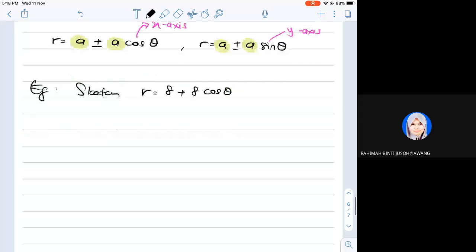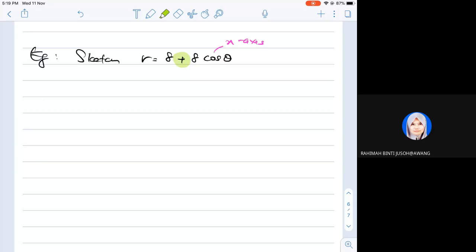Okay, but now we have 8 plus 8 cos theta. Cos is x-axis. And the value here is plus. So what happened? So the major axis should be on the right. Okay, so your cardioid would be here.